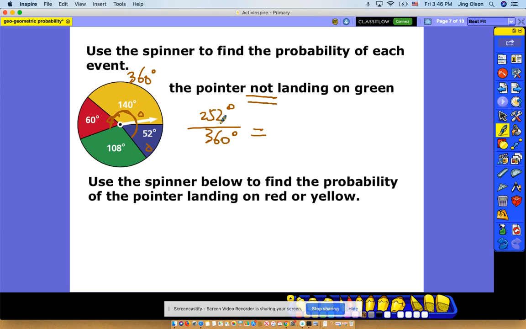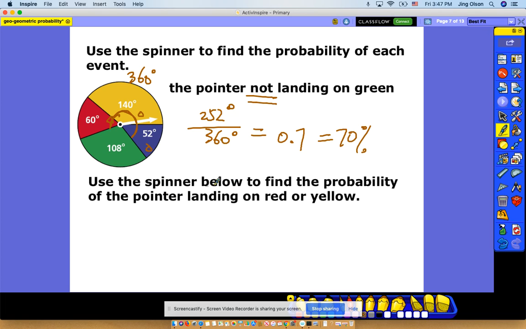For probability, you can use a fraction, a simplified fraction, or a percent. Those are both ways to represent probability. Maybe this one we're going to go with percent. 252 divided by 360, we get 0.7. 0.7 is what percent? That's 70%. So there's a 70% chance of not landing on green when you spin the spinner.